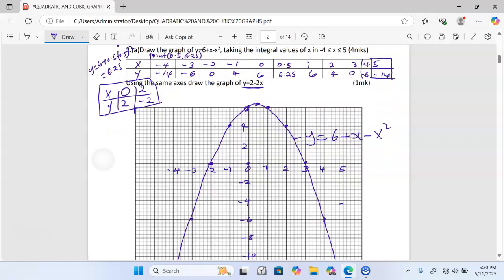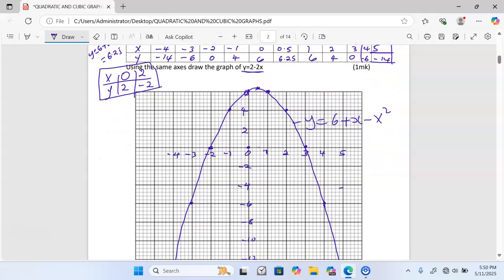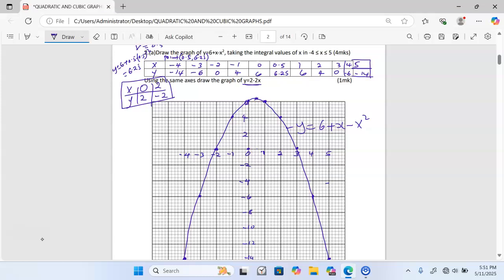In this case, we can come and represent our line on this particular curve. When the value of x is 0 at this point, y is +2, and when the value of x is +2 here, the value of y is -2. Having done that, now we can join these points.